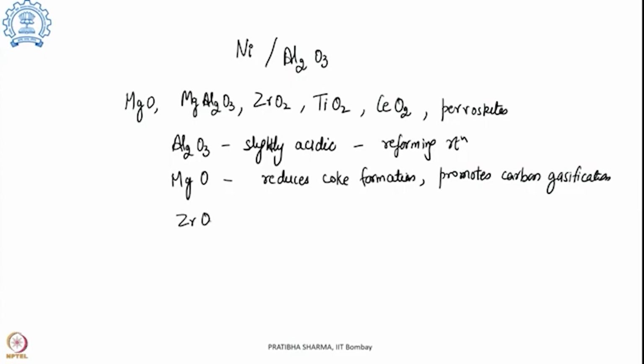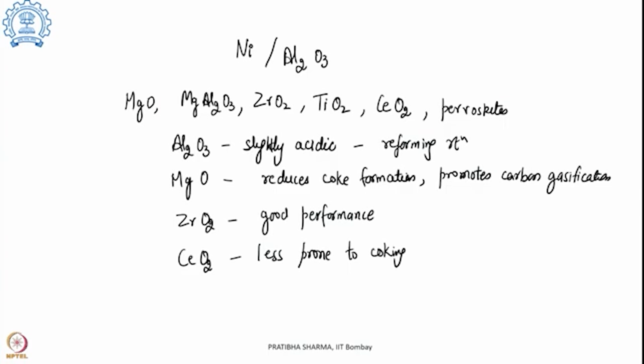Zirconium oxide has good performance. So all of these supports have their own characteristics. Cerium oxide is less prone to coking. So these are the characteristics of these support materials which have been studied in literature.